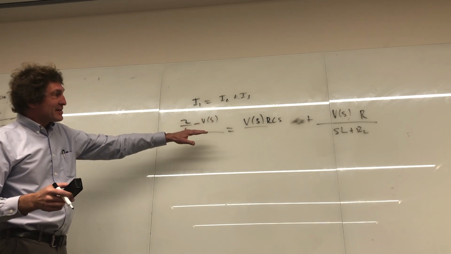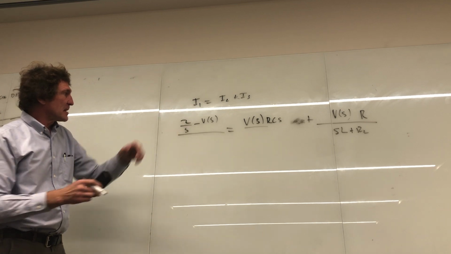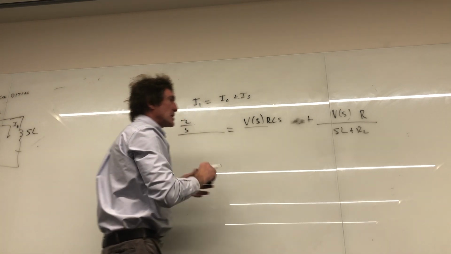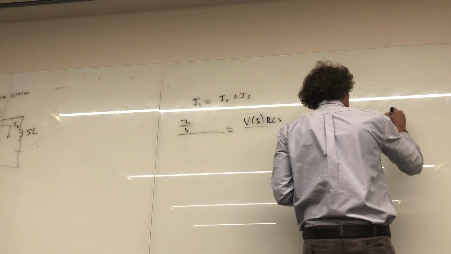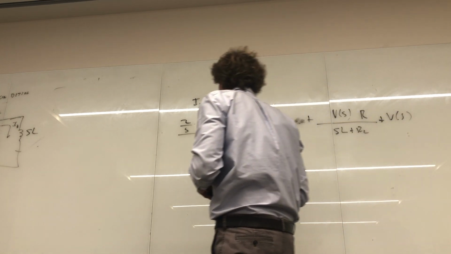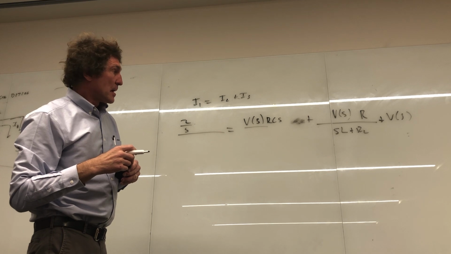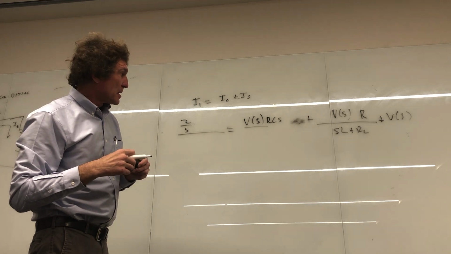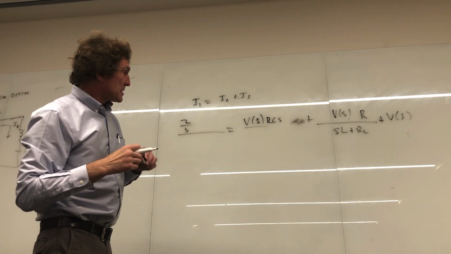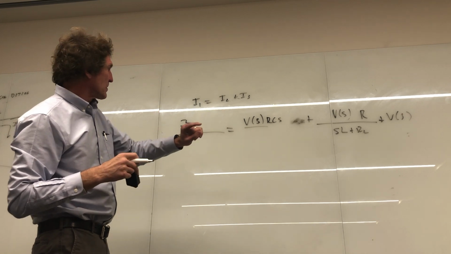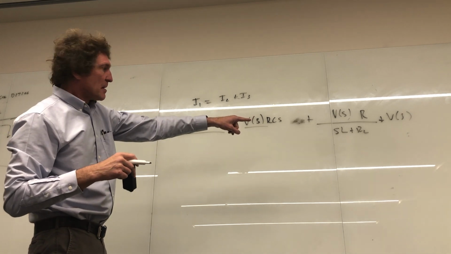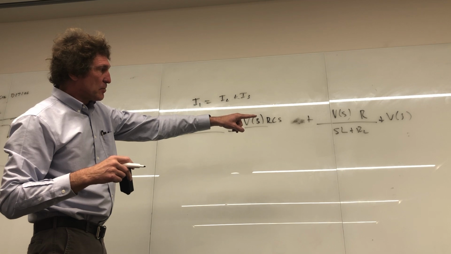Now, I'm going to take this to the other side, so I'm going to get V of S over here. And now I'm going to have to multiply both sides in a second by SL plus R2.